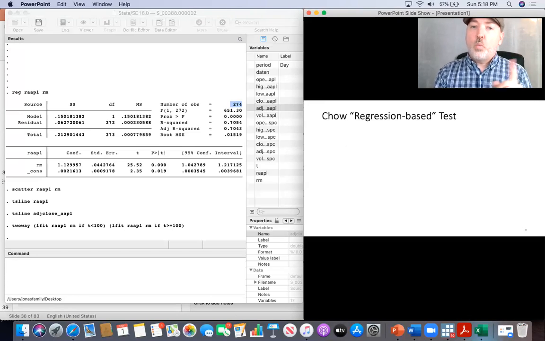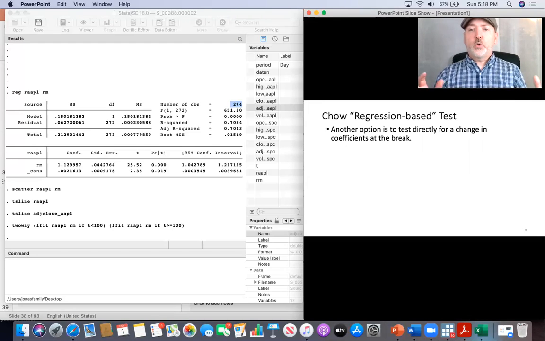Okay. One other option we could do here, once we see it, you'll say, why would we ever do it the way we just talked about? But it's good to know both. There's the so-called Chow regression-based test, which allows us to more directly test what we're really asking here, right? Basically what we're asking is, does the intercept of the model change pre-break versus post-break?